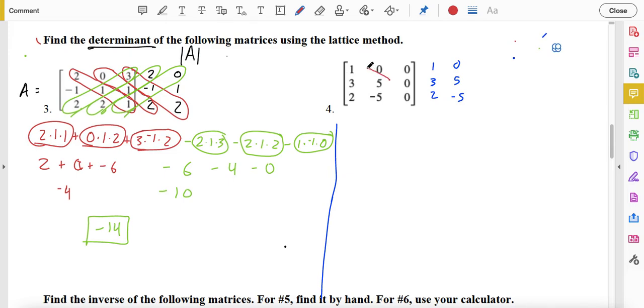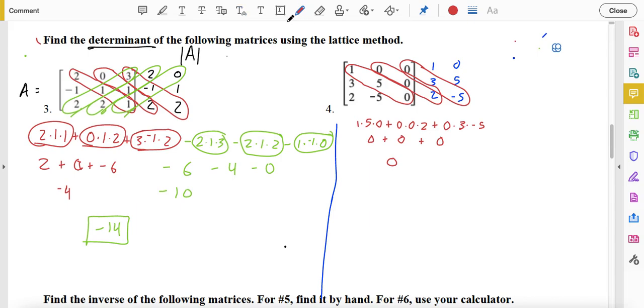So here we go. There's our first diagonal, second diagonal, third diagonal. And these are all red. They're all downward sloping. These are the positive ones. So I've got 1 times 5 times 0 plus 0 times 0 times 2 plus 0 times 3 times negative 5. All right, notice how they all include a 0. So that's just going to be 0 plus 0 plus 0, which is 0.